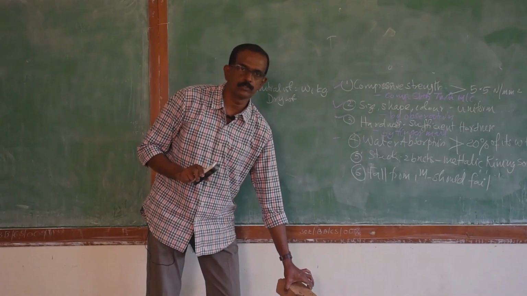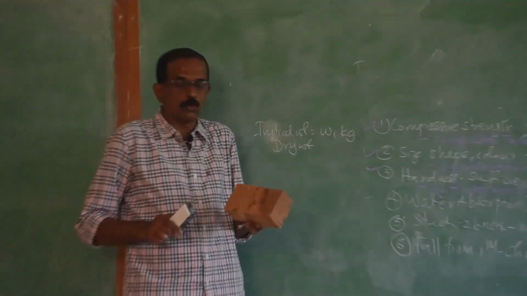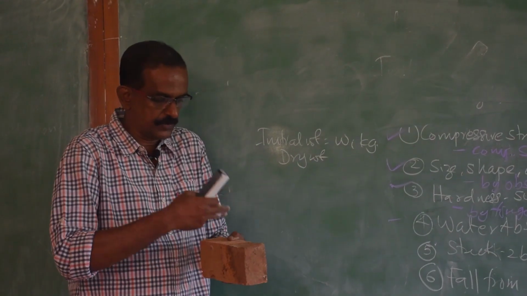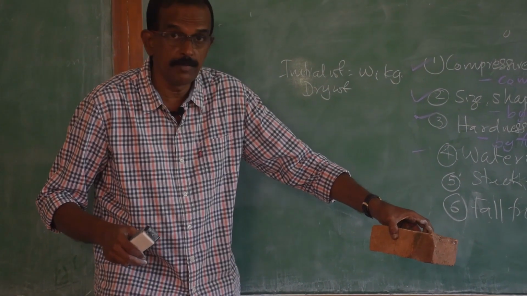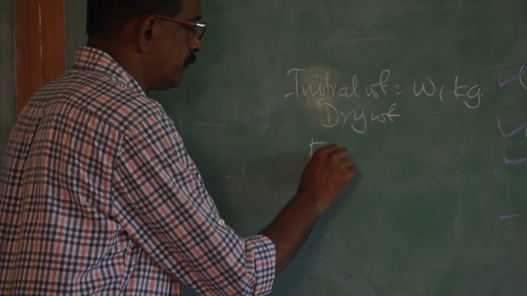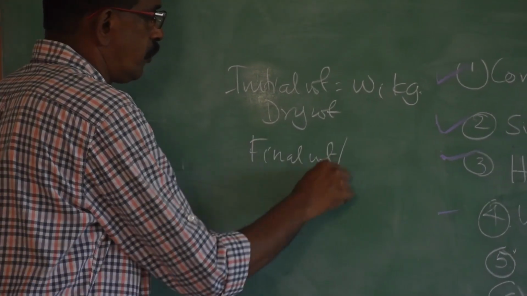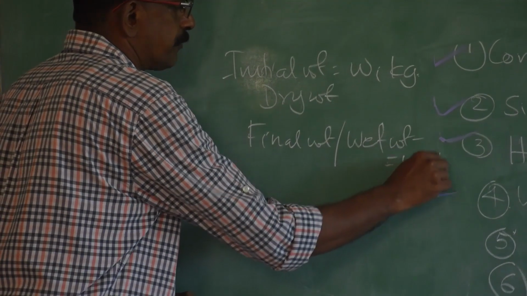After 24 hours, take the brick out, wipe away the surface water and again note its weight with the help of a weighing balance. That weight is called the final weight, or the wet weight, say W2 kilograms.